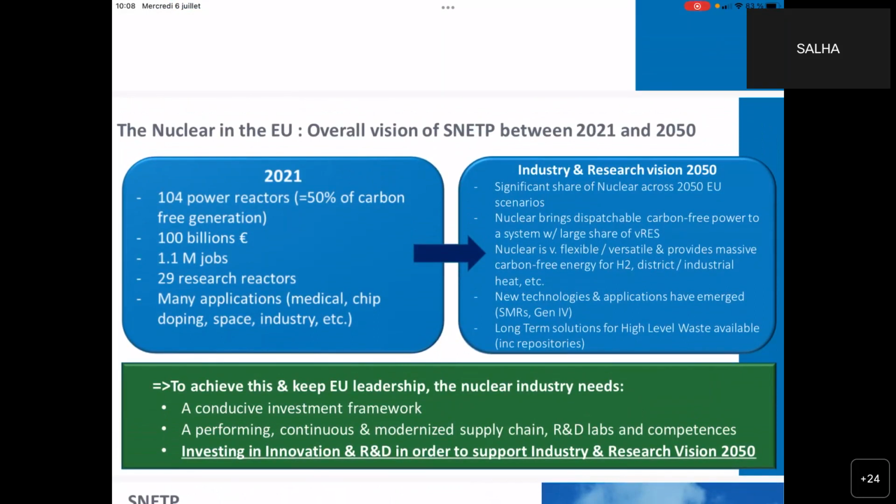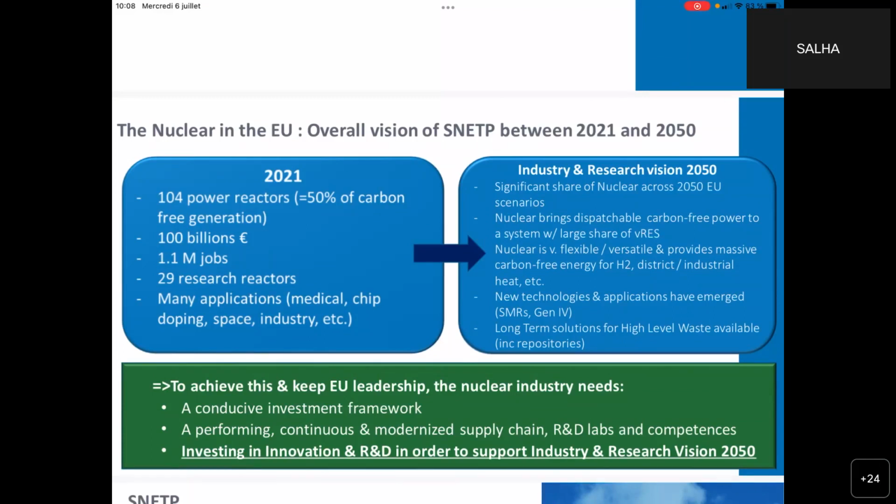We have a global turnover of activity of 100 billion euro, 1.1 million jobs, research reactors, and also many applications. It means that nuclear energy in Europe is probably one of the most important internal ones. By internal, I mean that most of the activity and most of the supply, most of the industry and most of the research is done in Europe.